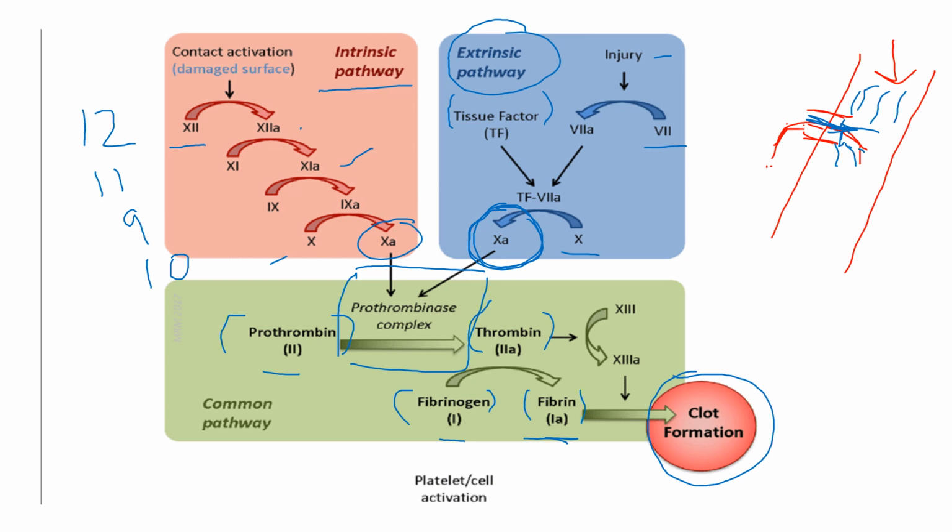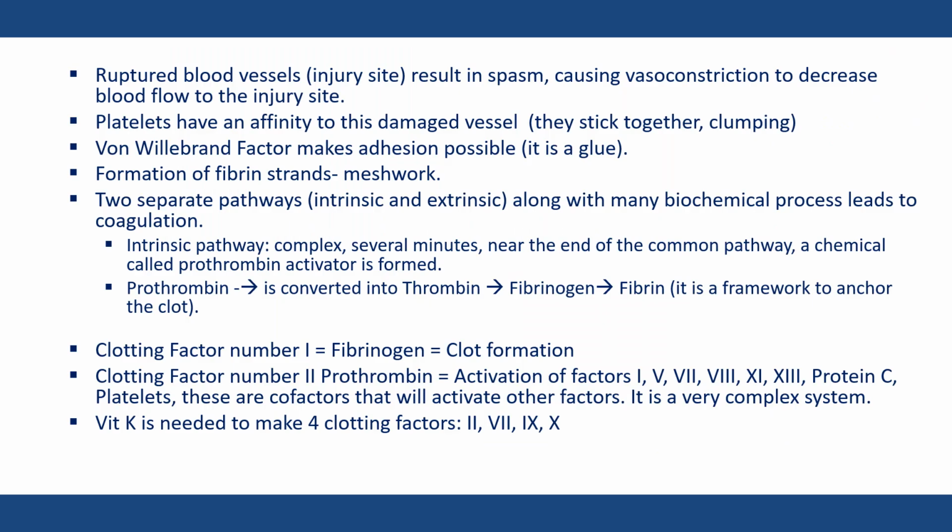So the whole point of activating so many factors was to get a solid blood clot. And it all started with an injured blood vessel, with the help of platelets and activating both the extrinsic and intrinsic pathways. Okay, so this is everything that I just mentioned. You have this as an outline, if you will.